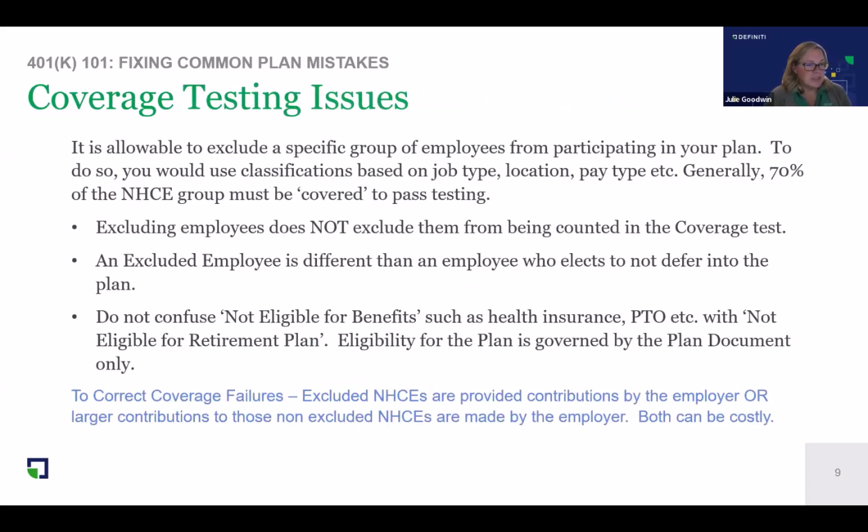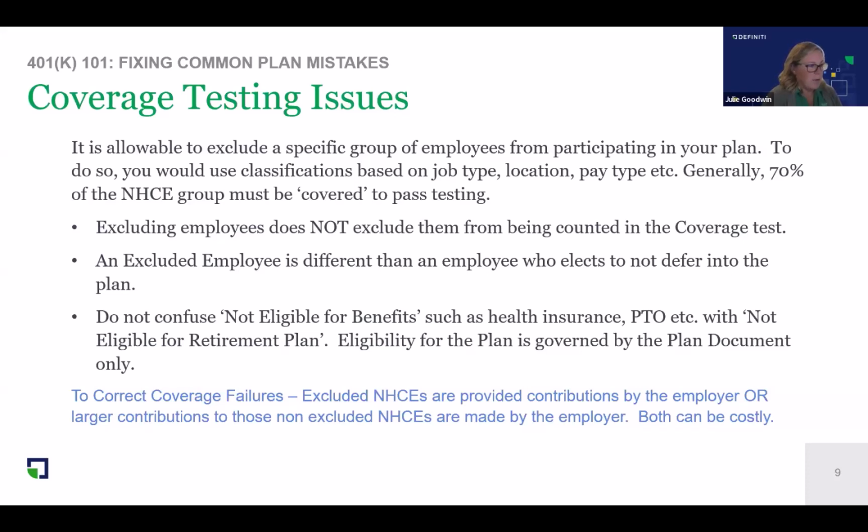Coverage testing issues that come up. It is allowable to exclude a specific group of employees. You can do this based on job type, locations, departments, the types of pay, maybe they're commission-only employees. Generally, 70% of the non-highly group must be covered by the plan to pass testing. Just because you exclude somebody does not exclude them from being counted when we do testing.